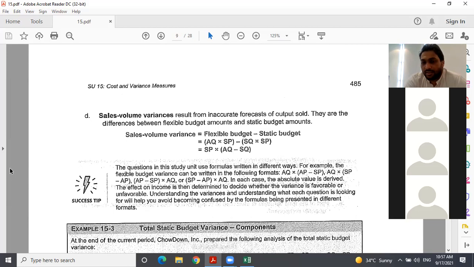Why not the actual price? When you keep the actual price, it will not tell you how much of the difference is due to quantity. I don't understand why not the actual price.